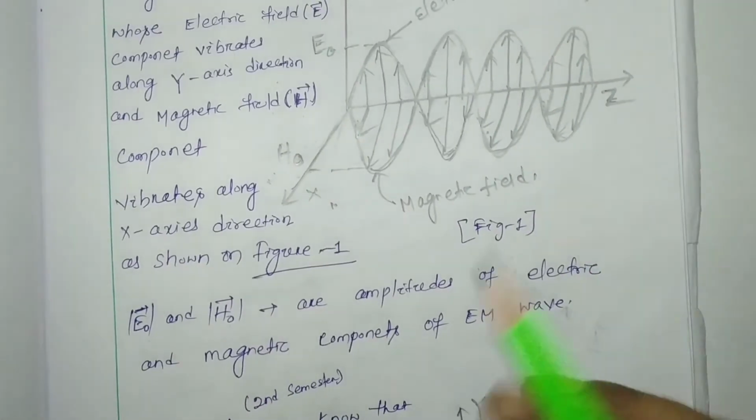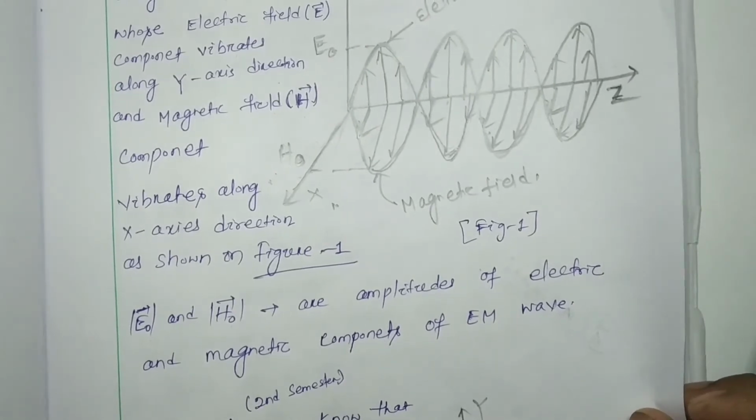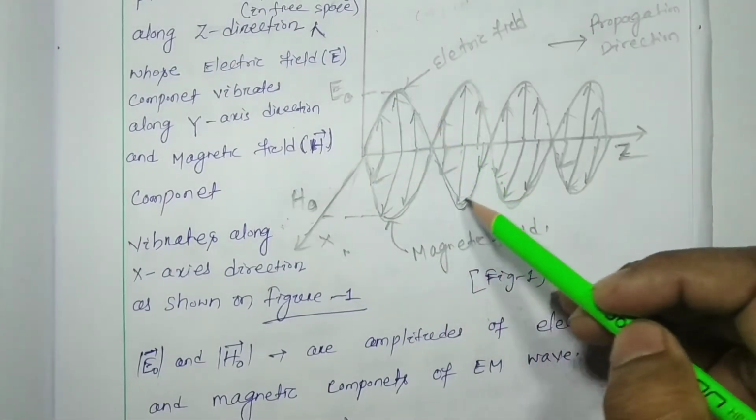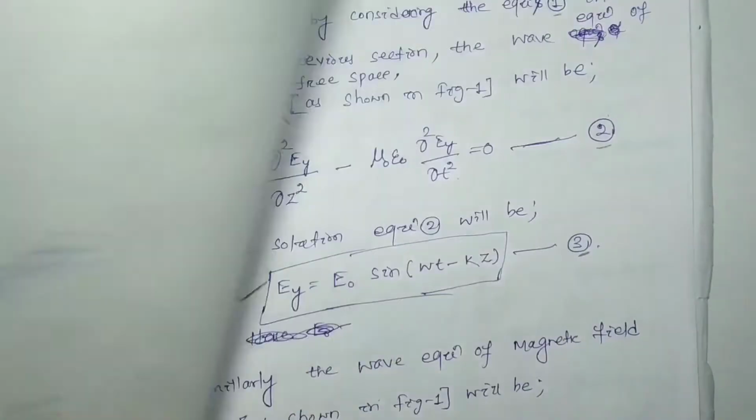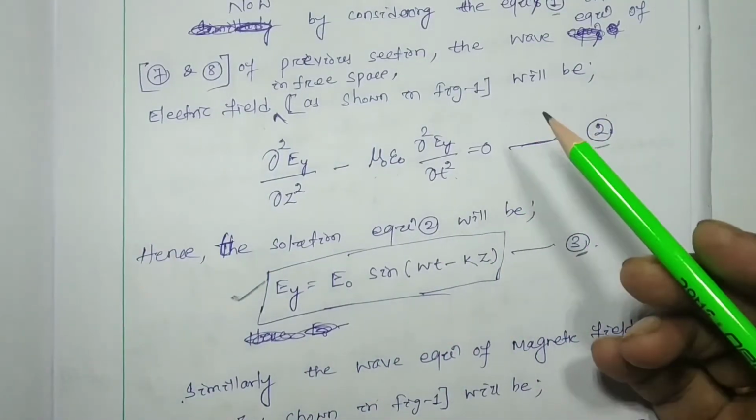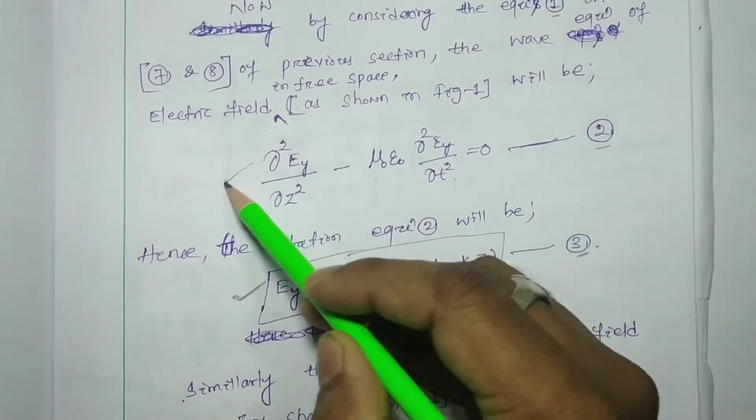So this is all about the representation of the dynamics of the electric field component and the magnetic field component. The dynamics will always be represented by a differential equation, that is this one.